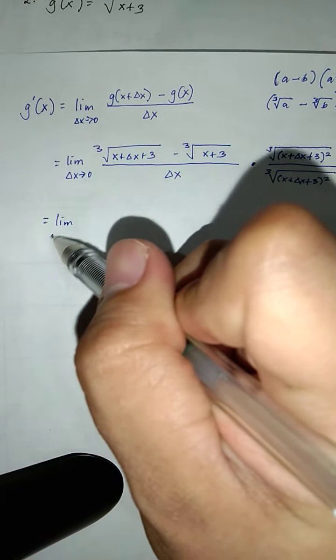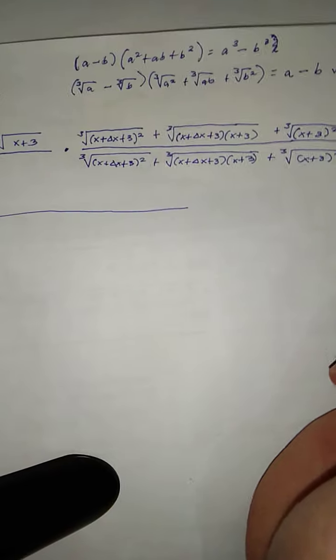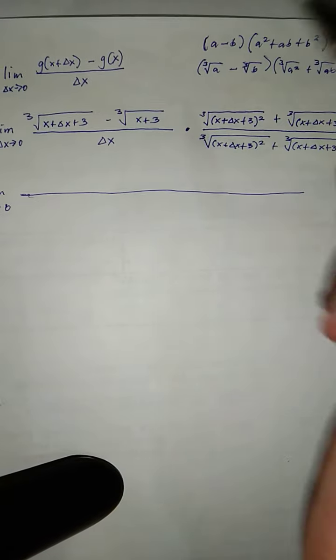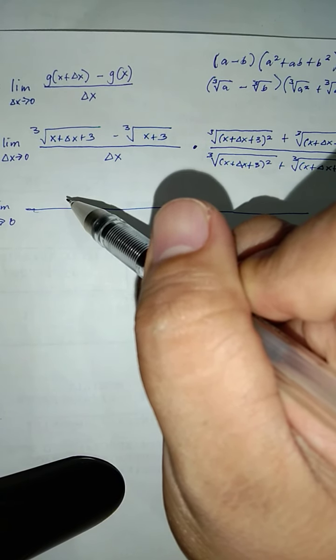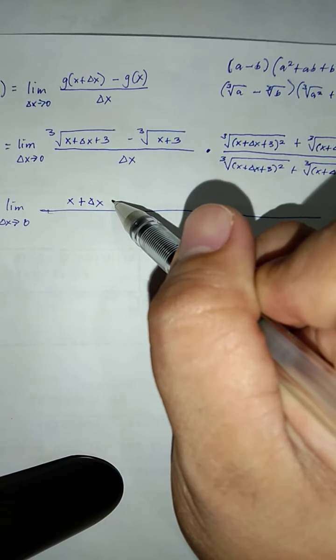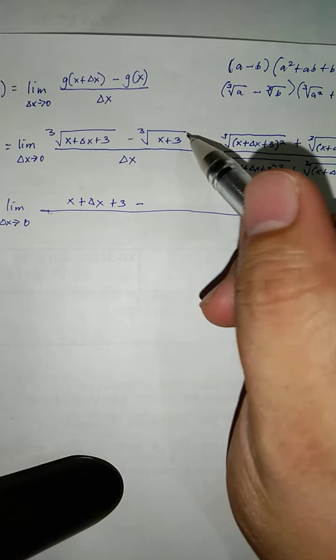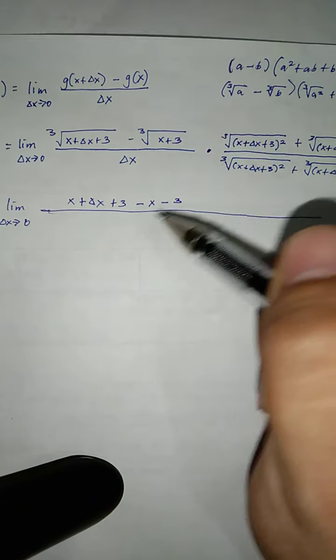The limit as delta x approaches 0 of, on the above expression, provided that we wrote this down correctly, we should be able to have the expression a minus b. So you have x plus delta x plus 3 minus this expression x plus 3, so we'll just have to distribute the minus: minus x minus 3.